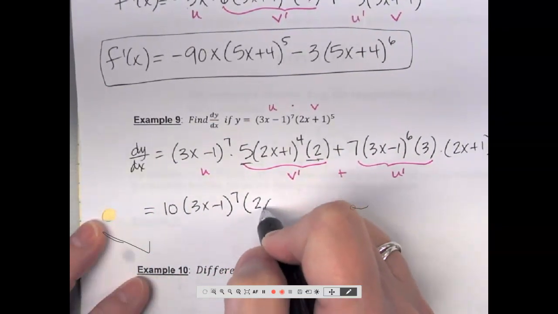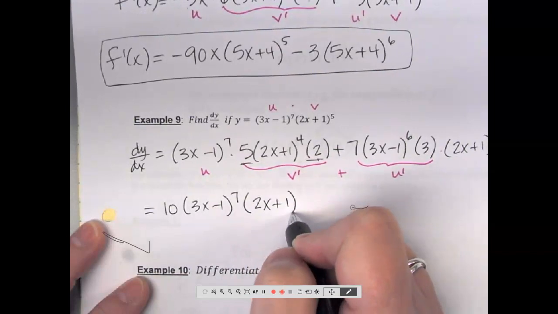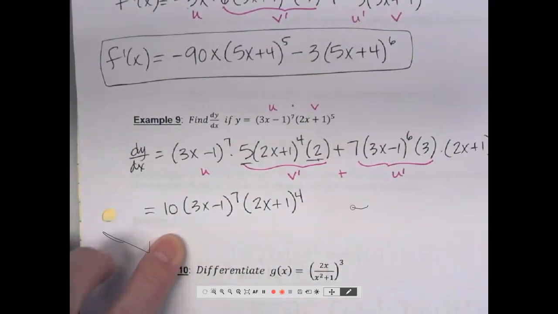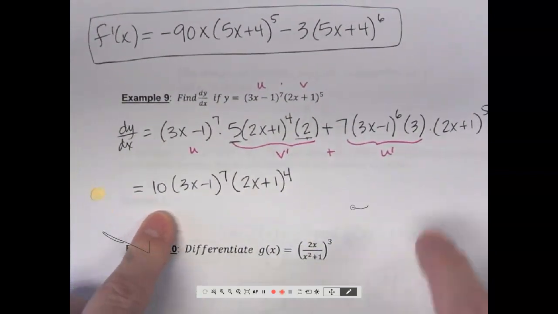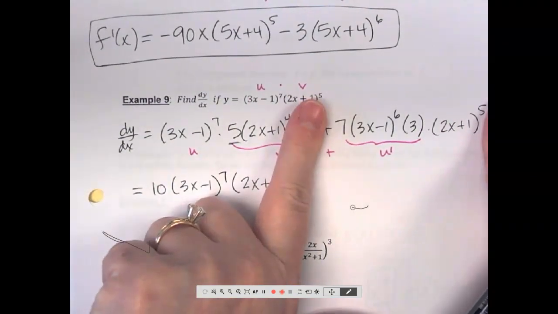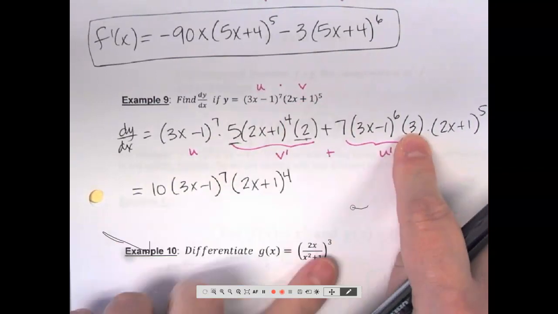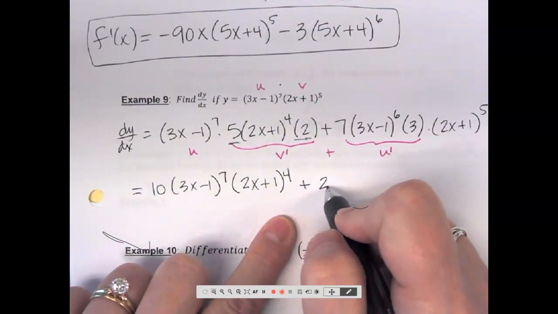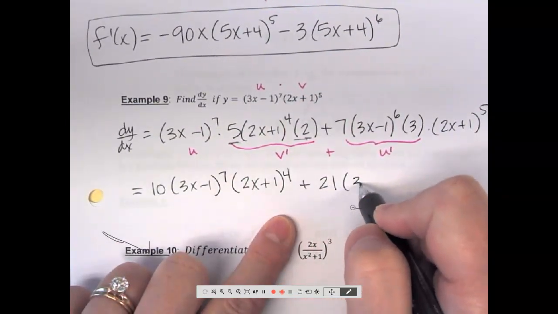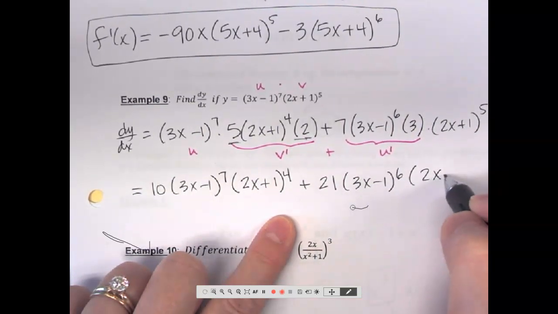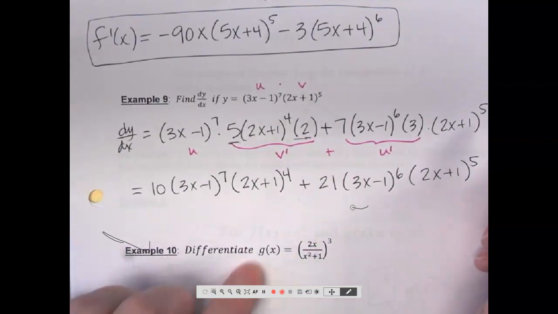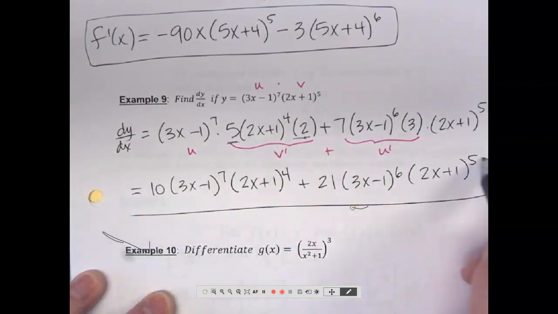That whole term. Doesn't that look a little bit cleaner? Okay, then this is all one term right here. So I'm going to put the 7 and the 3, 21 in front of that. And all of that is our derivative.